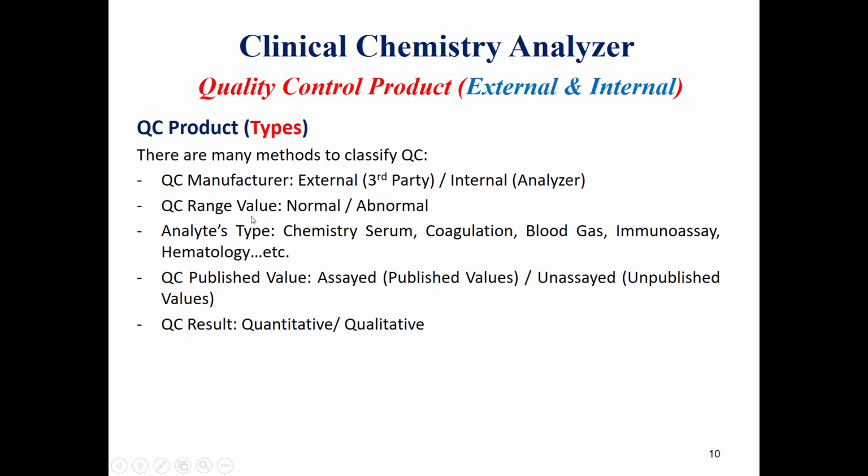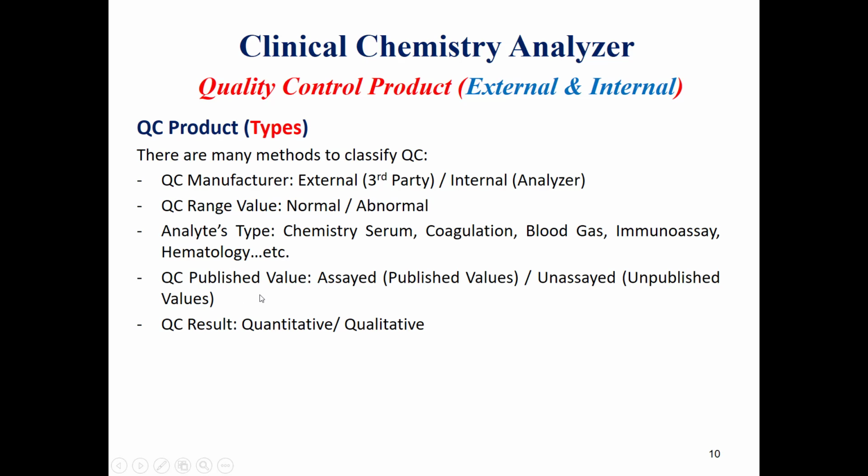Also, another type of classification is the quality control range value. If the value is normal or abnormal, or sometimes we could call it levels, level 1, 2, 3, and 4, and so on. And also it depends on the analyte type which will be tested, for example, chemistry, serum, or coagulation, blood gas, immunoassay, hematology, and so on.